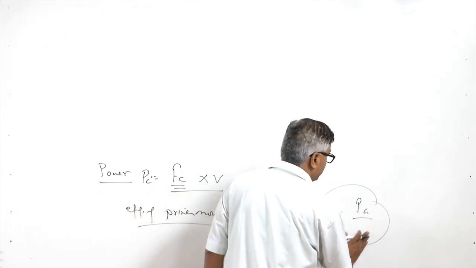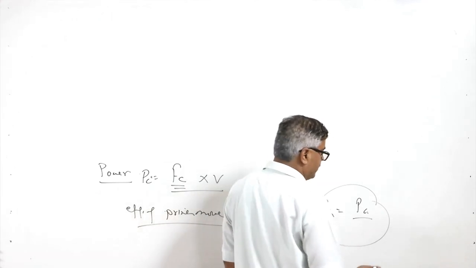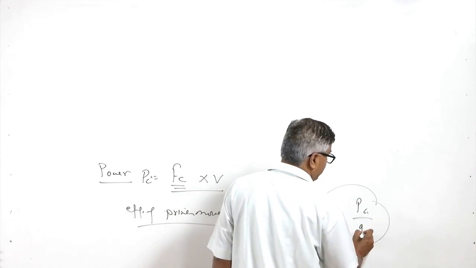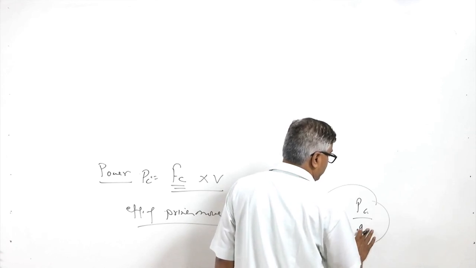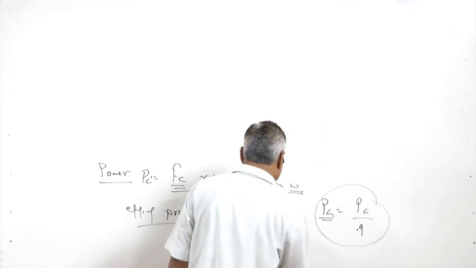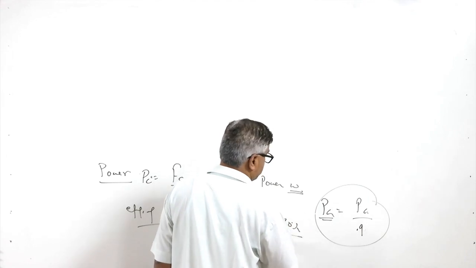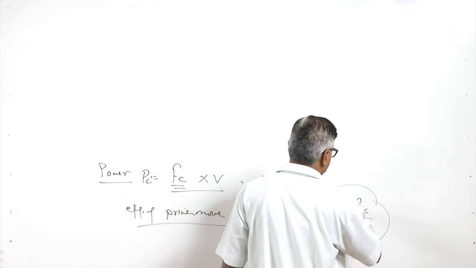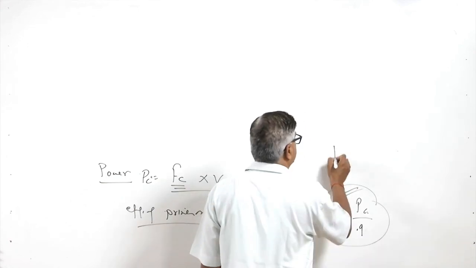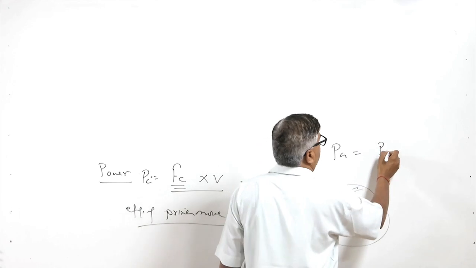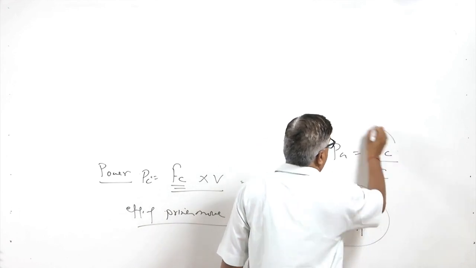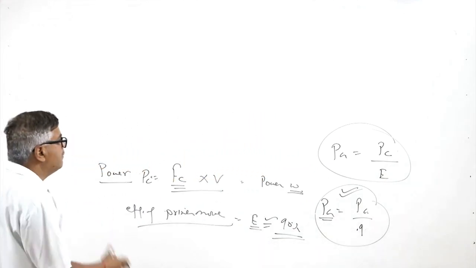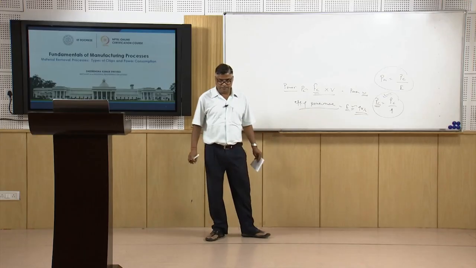Since the efficiency is generally less than 100%, normally it is considered 90%, so we need to divide by 0.9. So, E is normally considered 90% for calculation of the gross power to be supplied to the machine tool for ensuring that machining takes place. So, the gross power is obtained from the power required for cutting divided by the efficiency of the prime mover system. That is how we can calculate the power required for the machining purpose.